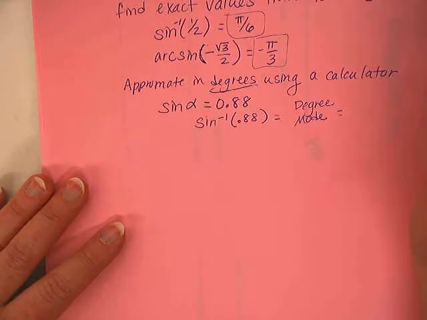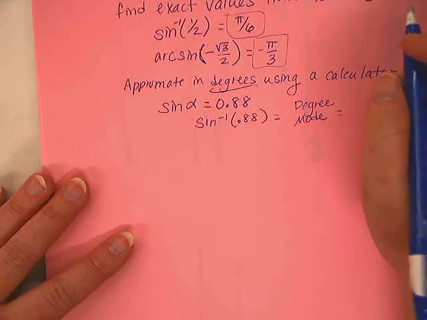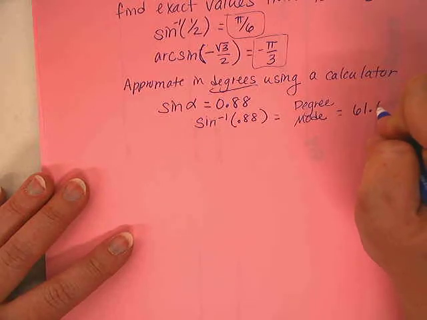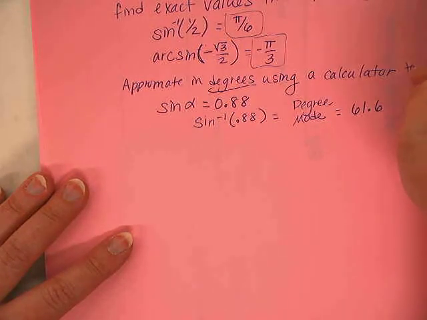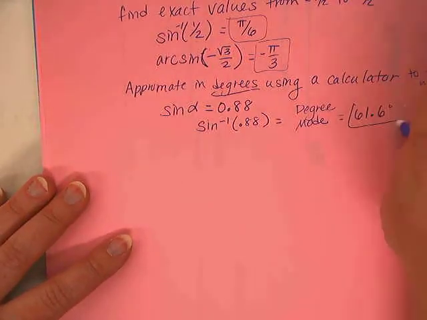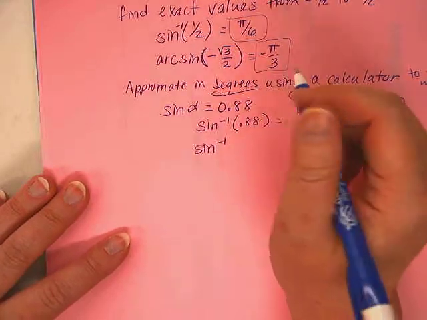What did you get? 61.64. Okay, I guess I should have said to the nearest 10th. So 61.6, does that work?